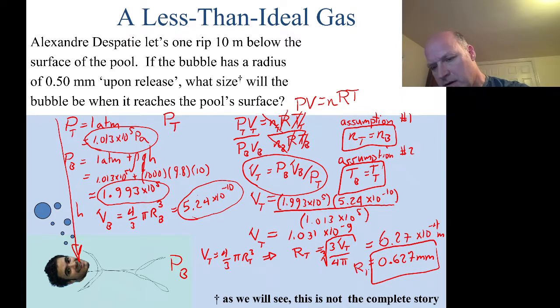R top. So what did we figure out? We figured out that the radius of the bubble was 0.5 millimeter when it was at the bottom of the pool, but when it came to the top 10 meters up, its radius increased to 0.627 millimeters, so it got bigger. That's the problem.